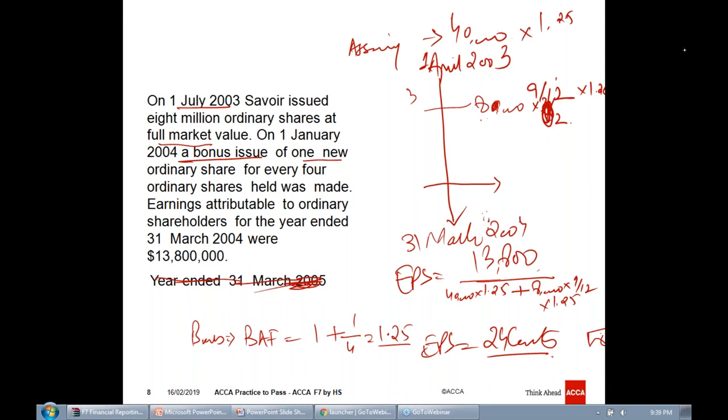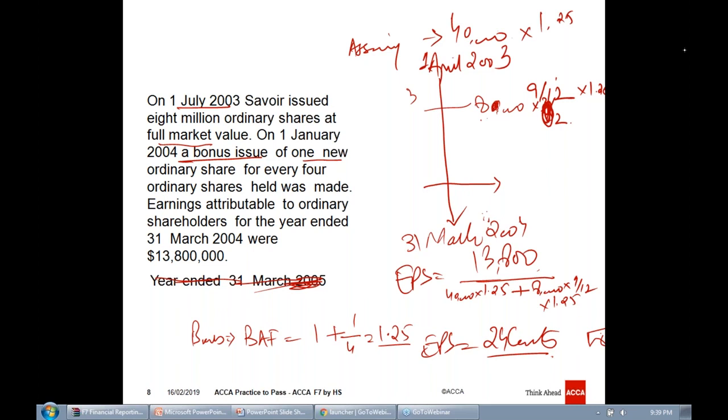If you have any question in the bonus shares, first please ask the question relating to bonus, then we'll discuss the right shares. Why haven't we calculated the bonus shares and then added them in the weighted average shares? Yes, you can do it.